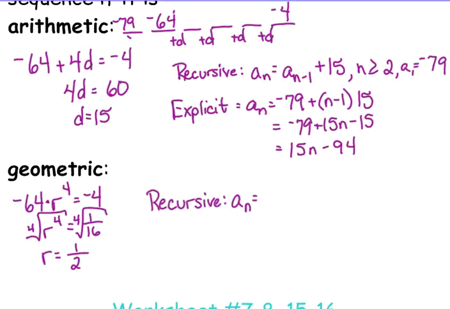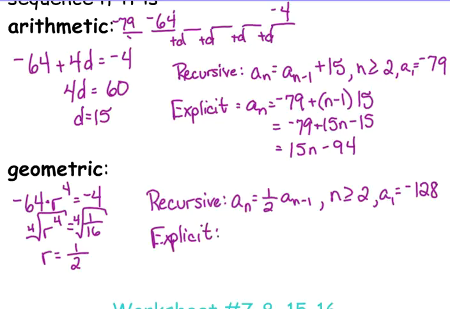So our recursive formula, a sub n is equal to the common ratio times a sub n minus 1, n is greater than or equal to 2. Our first term, if we're multiplying by 1/2, that means we started at negative 128. Our explicit formula, a sub n, is our first term, negative 128, times the common ratio, positive 1/2, to the n minus 1.